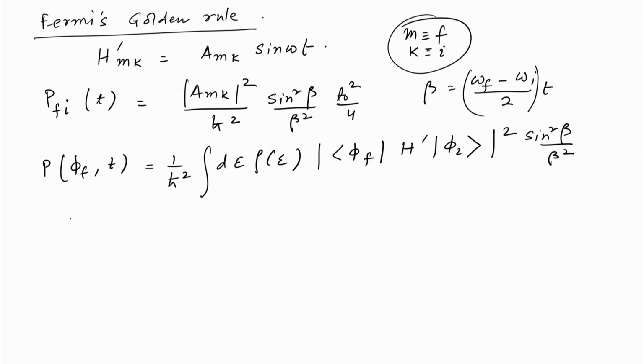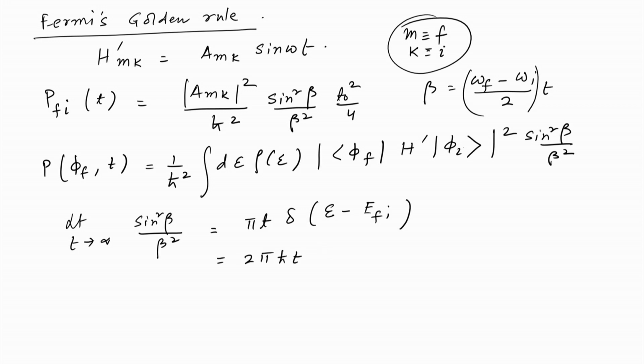Let us take the limit t tending to infinity. sin²β/β² is nothing but a delta function up to a constant factor, which is E_f,i minus E, or we can simply write it as a general energy epsilon, and this is 2πħt δ(E_f,i − E). Okay.